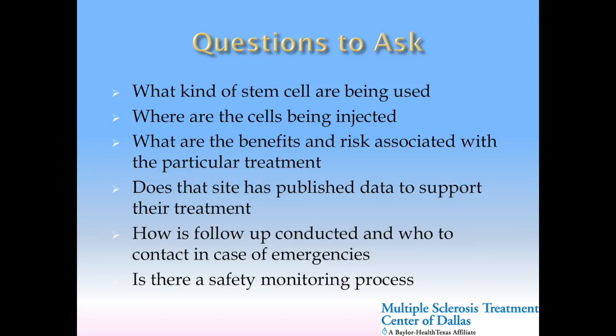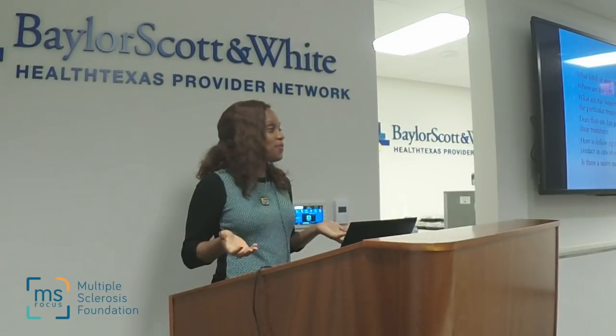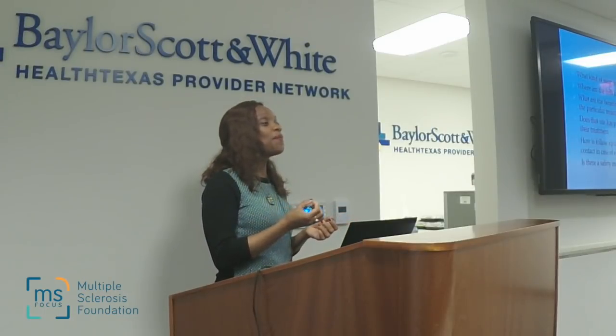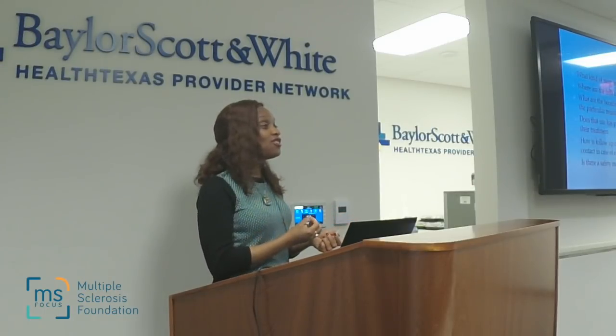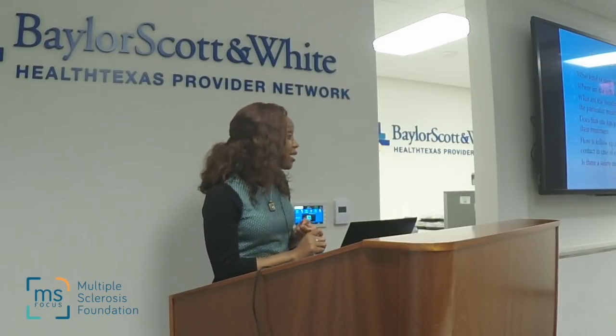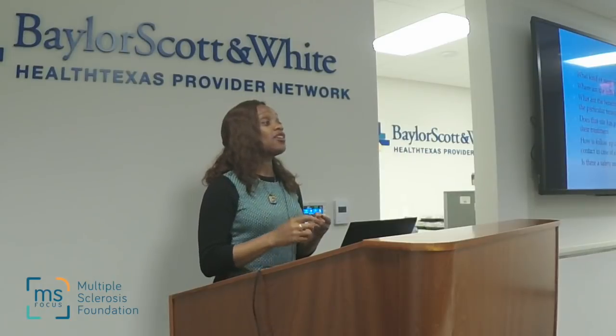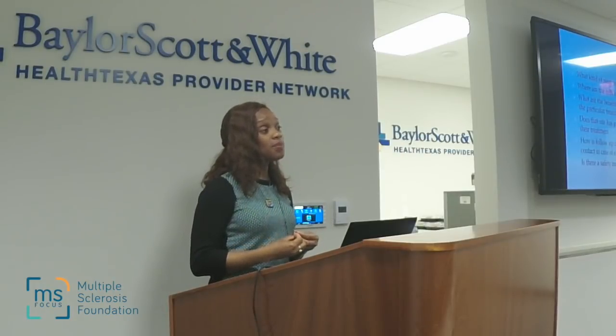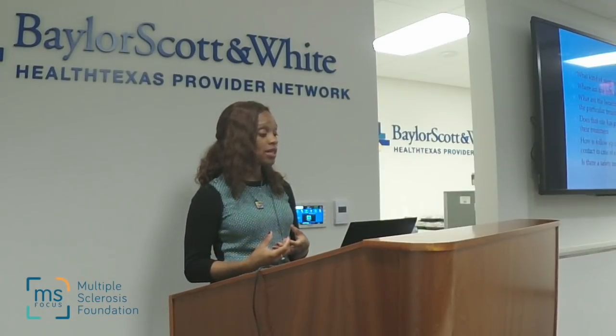Or is it coming from somewhere else or someone else where the risk of rejection can be higher and can cause all kinds of reaction? Think about it as a blood product. You want to get a compatible blood infusion and not something that's incompatible. So what kind of stem cells are being used? Are you going to use your own stem cells, or is it going to be from someone else?